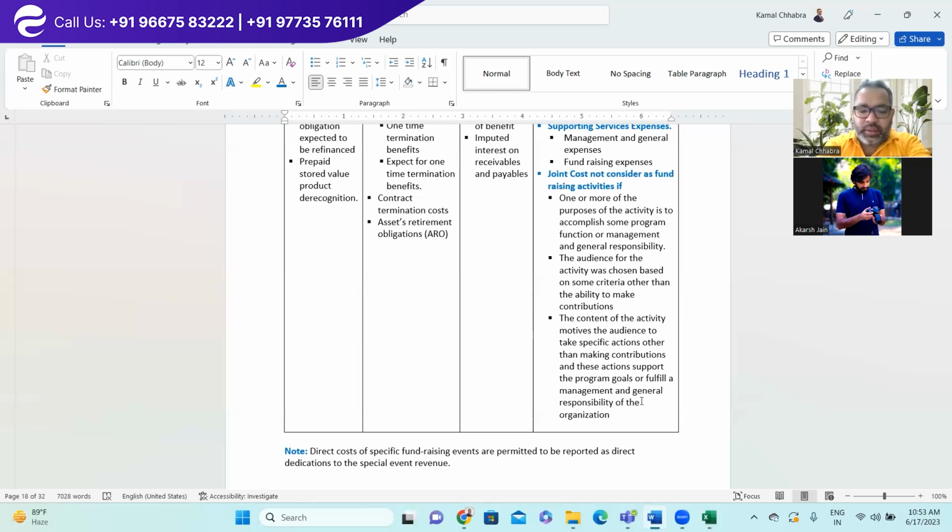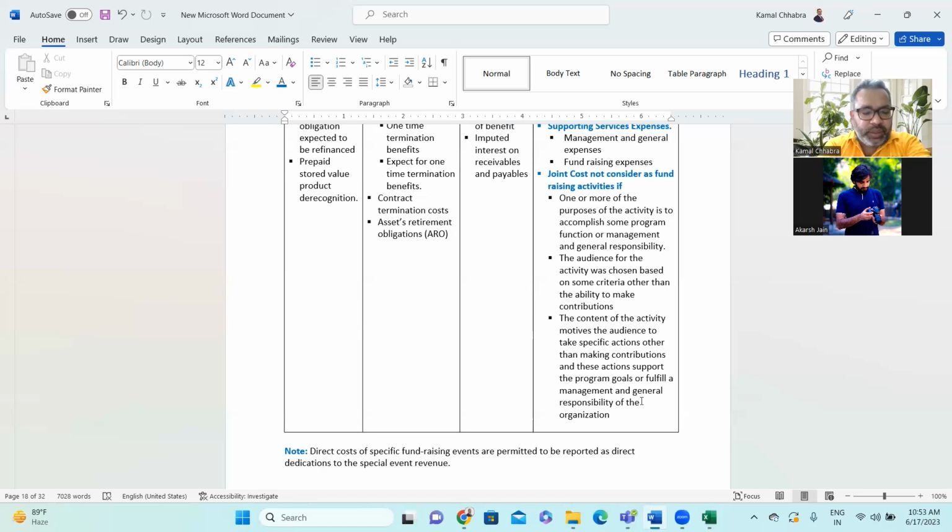In the church auditorium, they might be doing certain activities, maybe like dance, drama, theater, or something, and they have invited all the church members as well as the donors. So there is a possibility that the audience would be general, right? Everyone who comes to the church has been invited, and then they are requested to donate based on the best of their ability.